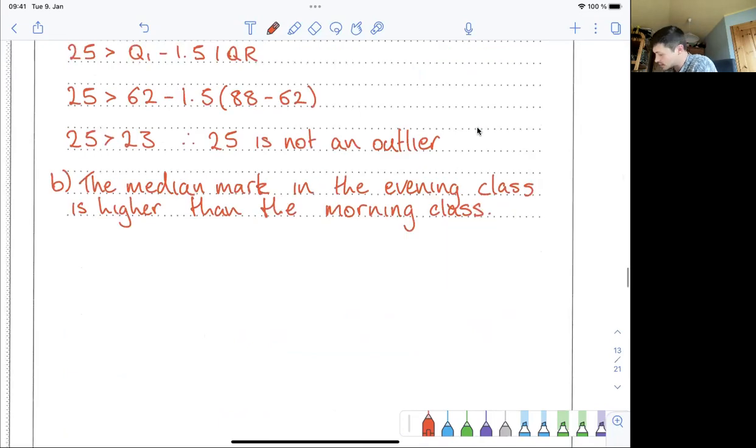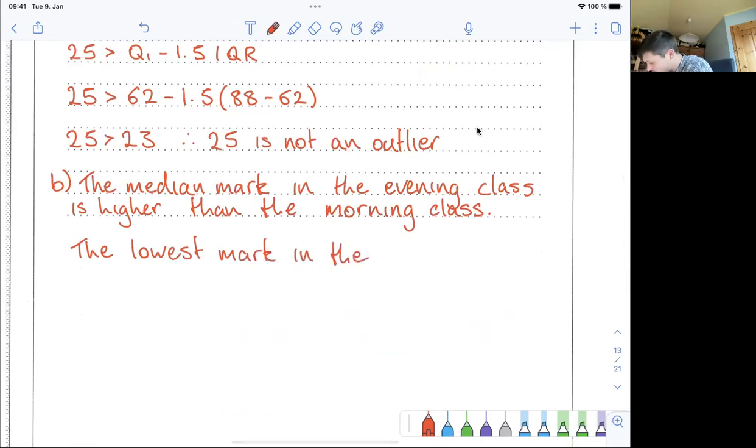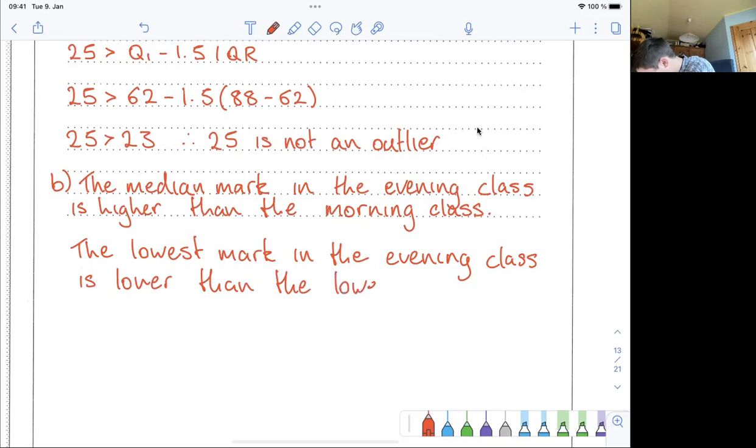So here, the lowest mark in the evening class is lower than the lowest mark in the morning class.